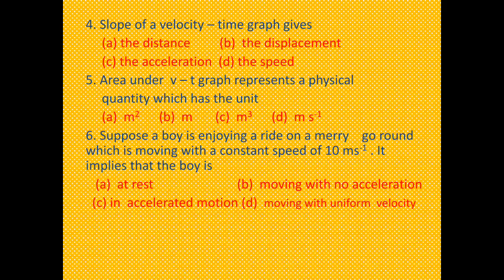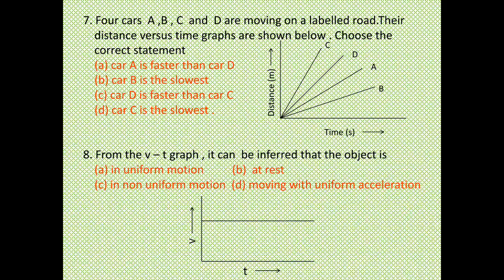Here, when the boy moves in a circular path with uniform speed, its motion is uniform circular motion, and in uniform circular motion, speed remains constant, but the direction of motion is constantly changing. So motion of an object in a circle with constant speed is an example of accelerated motion. So the correct answer will be C.